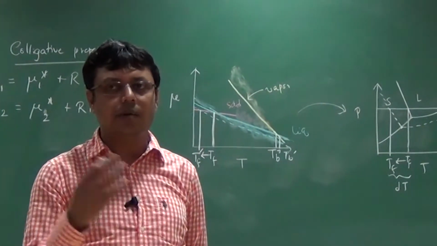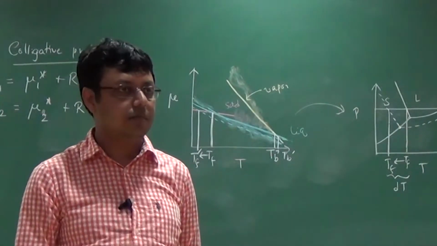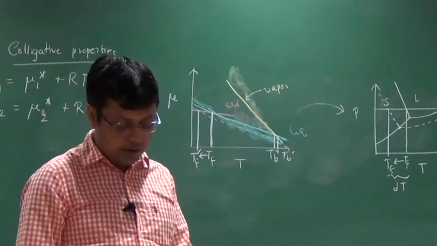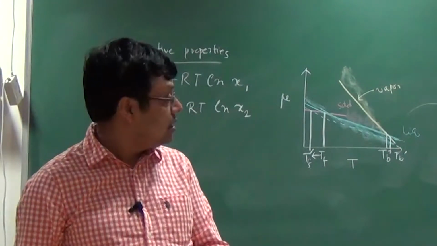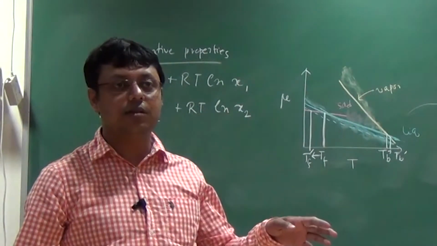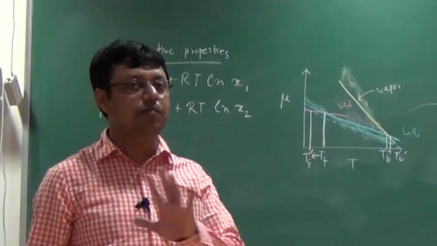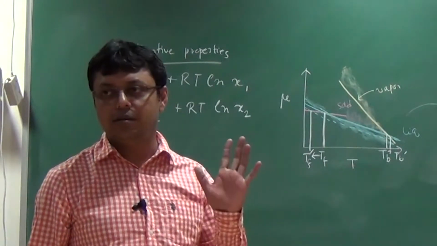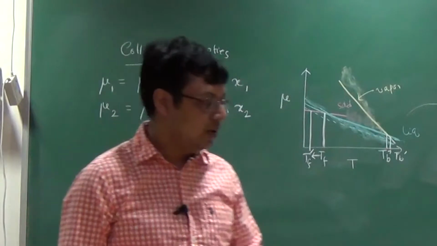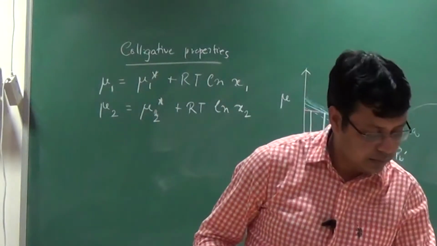So can you mathematically write it? Again, the starting point is the same, and as you can see, the starting point will be the chemical potential of a particular substance. It's the same in every phase when the equilibrium is attained. All right. So let us proceed.